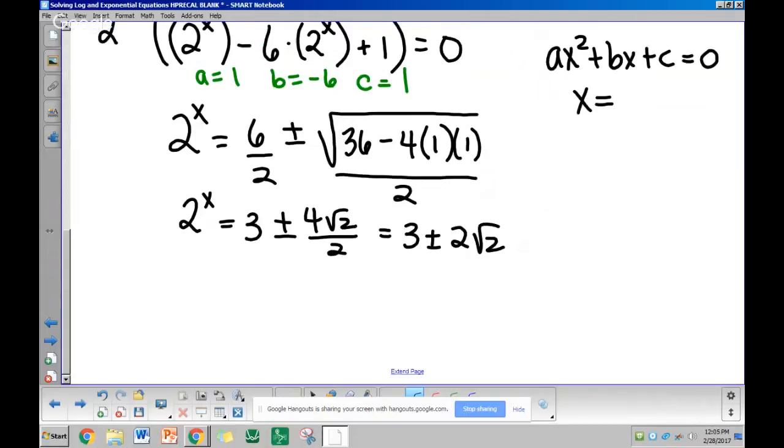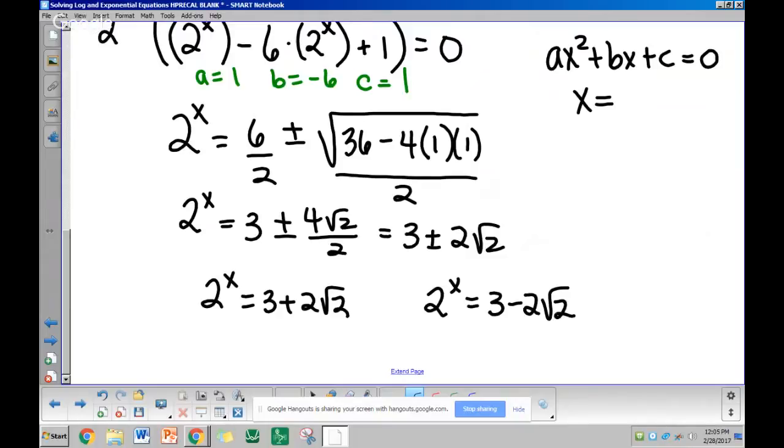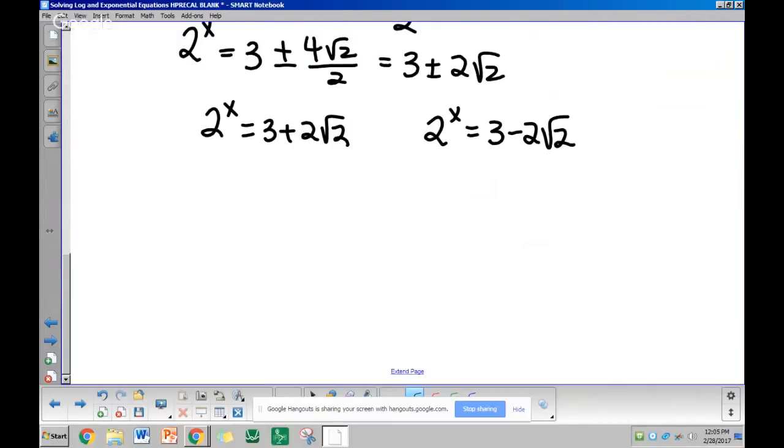So I have two equations here. I have 2 to the x equals 3 plus 2 root 2, and then I have 2 to the x equals 3 minus 2 root 2. How do we solve those? Naturally, we should take the natural log of both sides.